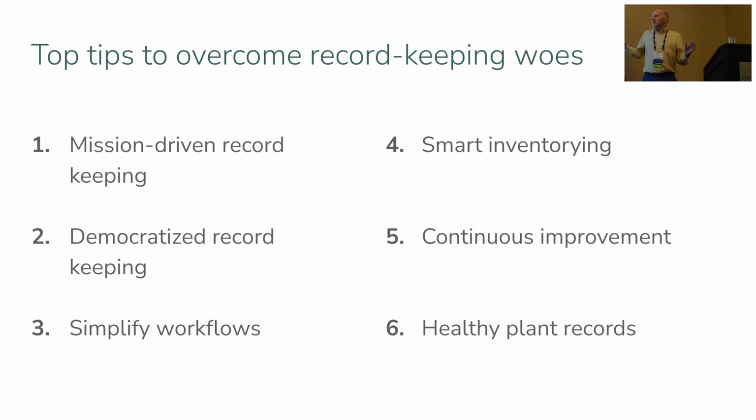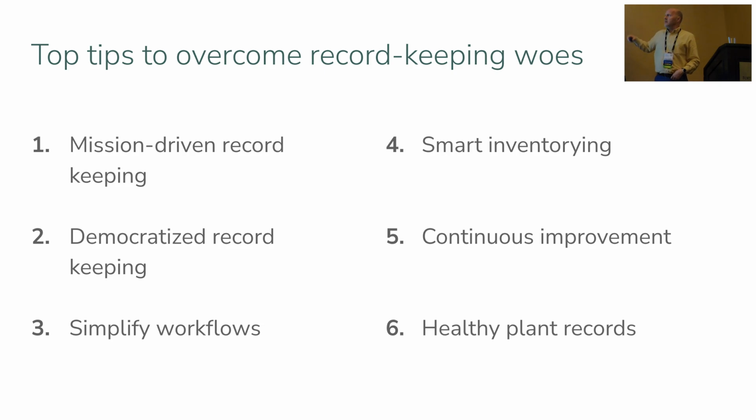Democratize record keeping, get everybody involved with airbag and safety belt and everything, so you can sort of pull back if things go bananas. And simplify workflows is a bit more of a long-term game maybe, but there's certain things you can already do with Hortis because you can use it on any device.